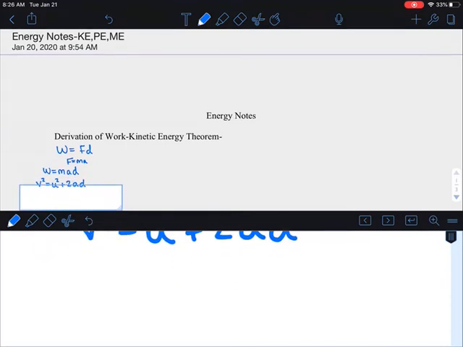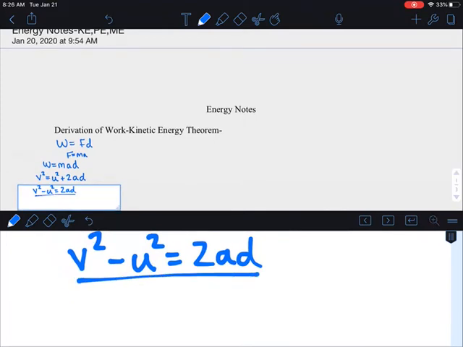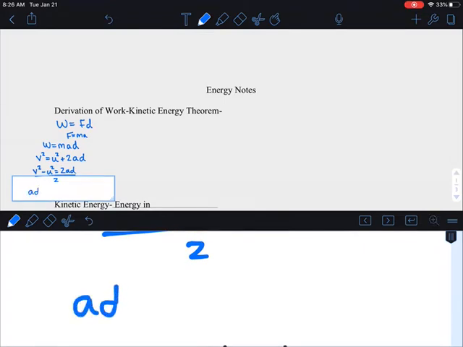So I'm going to subtract u squared to the other side, so v squared minus u squared equals 2ad, and then I'm going to divide by 2. So what I'm left with is, I'm just going to flip sides here, ad equals v squared minus u squared all over 2.